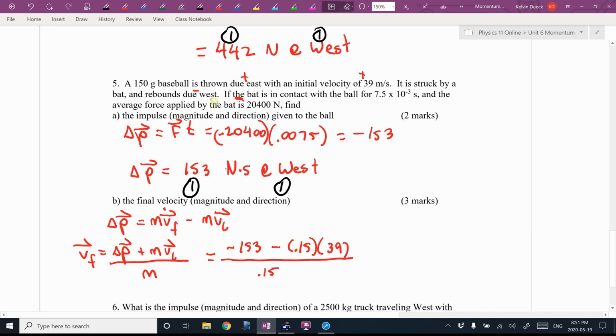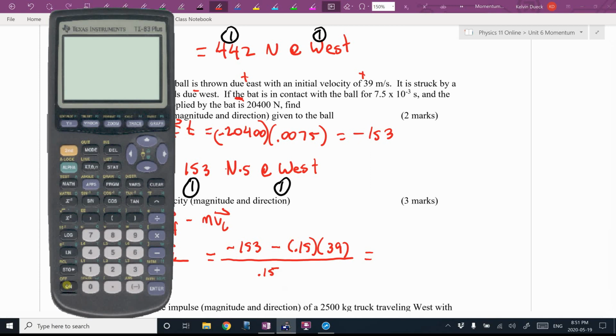Now, it does say that the ball rebounds west, so I am expecting a negative answer. If I get a positive answer, I'll be worried. Is this a fraction? Yep. Is there more than one thing on the top? Brackets around the top. Divided by, don't need brackets around the bottom. And I think I got a typo in here. Do I, Mr. Dueck?